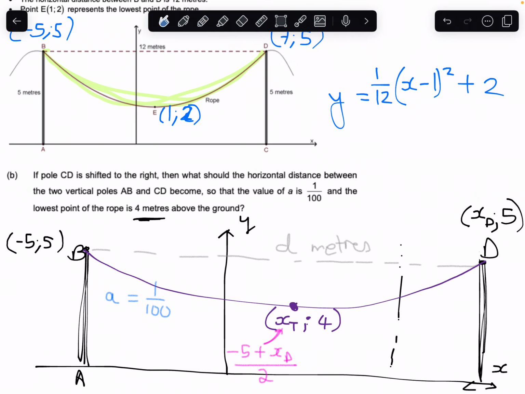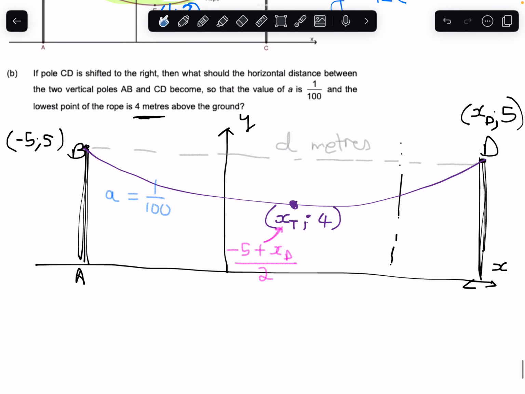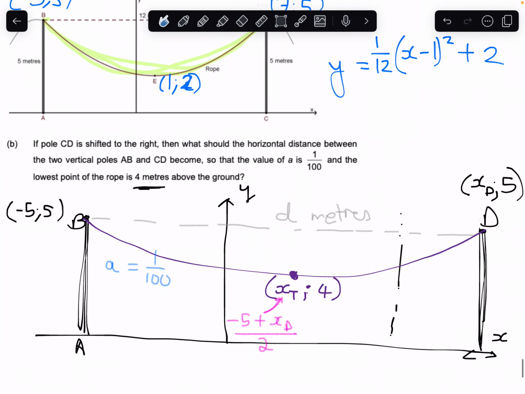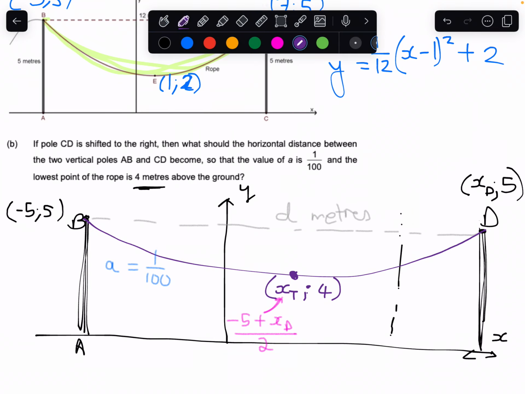So let me just map out what's going on. On the one hand, the turning point will have gone up from 2 to 4, but we're not actually moving the setup up. These poles are still very much 5 meters long.